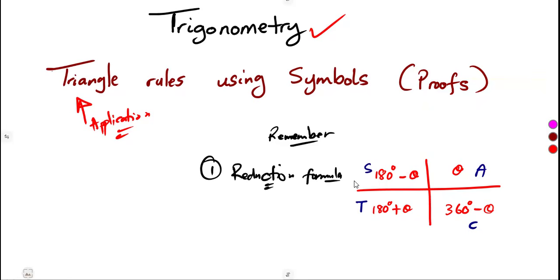Remember to reduce each given angle from the second quadrant, third quadrant, fourth quadrant. They can be written in form of what? In form of theta.